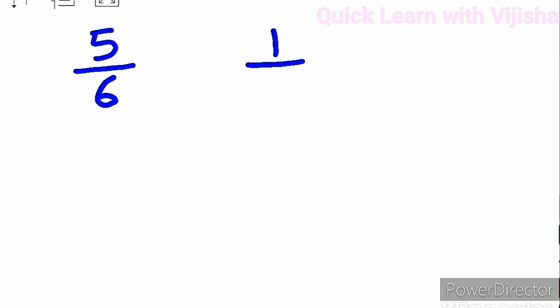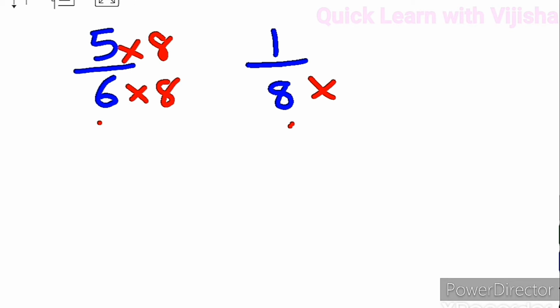5 upon 6 and 1 upon 8. Now here neither numerators are same nor the denominators are same. So we have to make it like fractions like we have learned in the previous video. So how will we make it? We will multiply this side with 8 and this side with 6. Understanding, children?